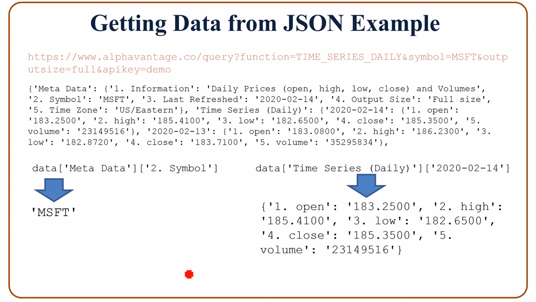Querying for the symbol MSFT, which is a stock symbol for Microsoft, we query time series daily from this website, alphavantage.co. Looking at the format of the data, we can see that this is a dictionary.